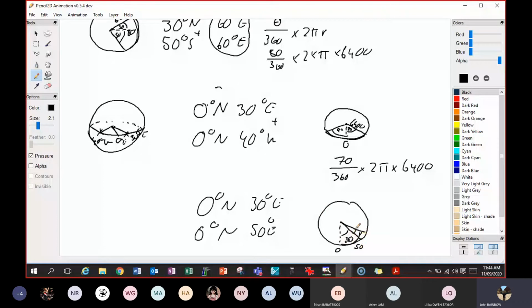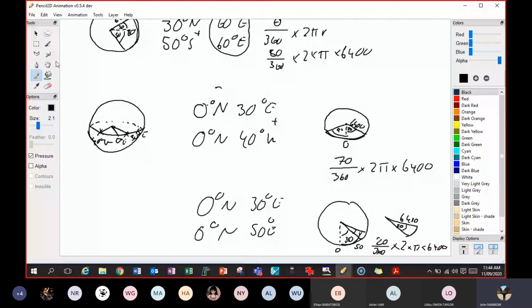So the difference between these would be 20, right? So really what you're trying to find out is the distance between these, and that is 20 degrees. Okay, and that's 6,400. So that would be 20 over 360 times 2 times pi times the radius, which is 6,400.